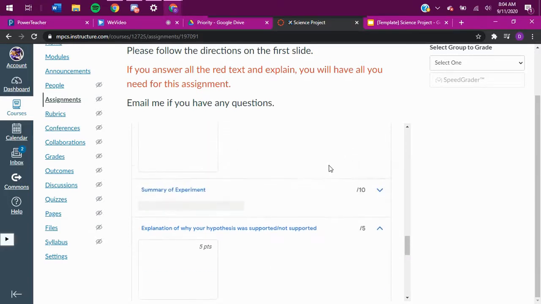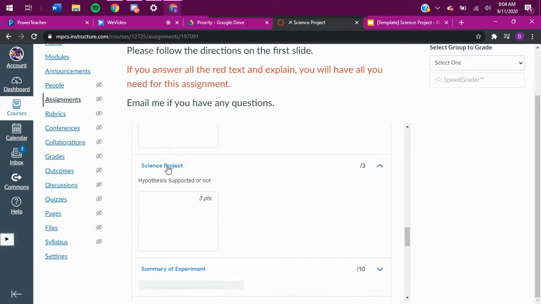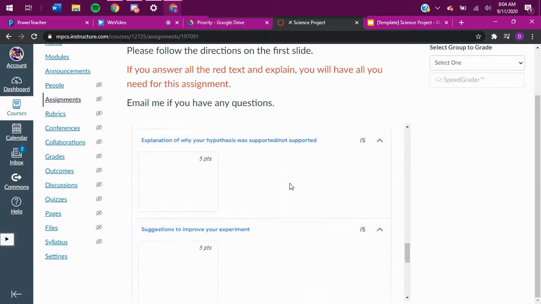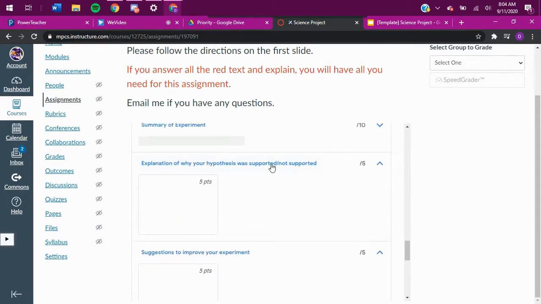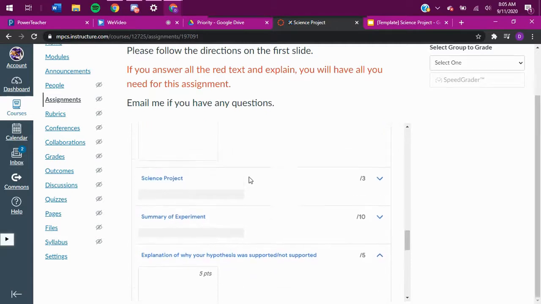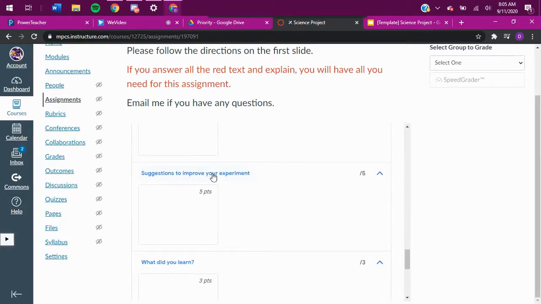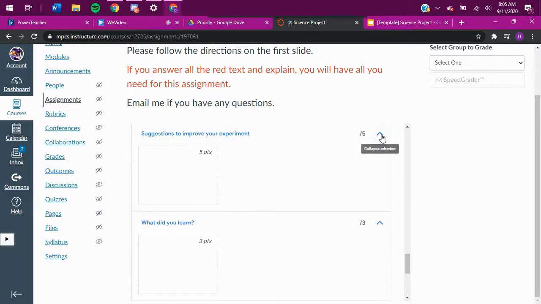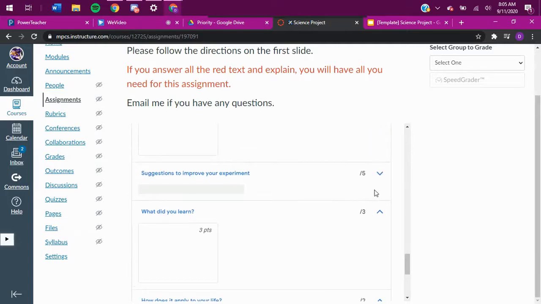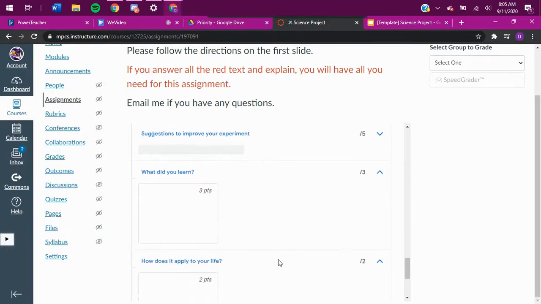So you're not only stating your hypothesis, but you're also stating if it was supported and why. Okay? Suggestions of improving your experiment. All experiments can be improved, so do not say nothing can be improved.